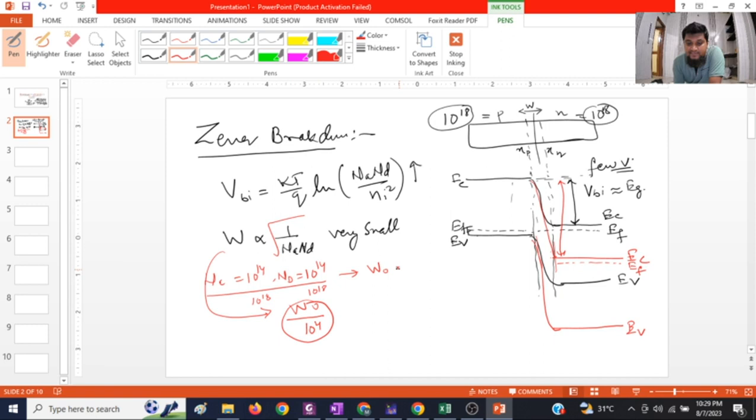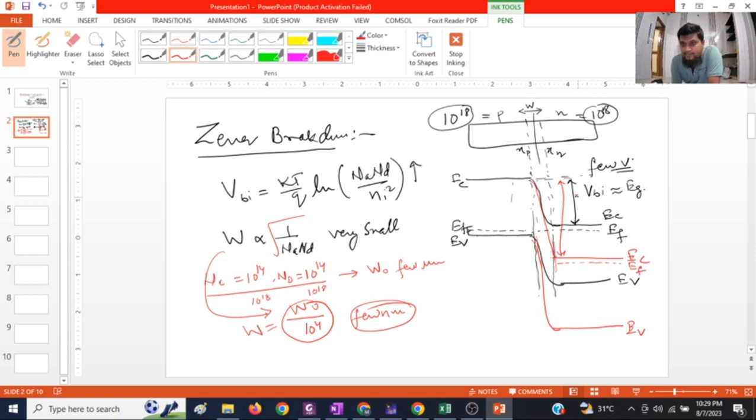If W naught is of the order of a few micrometers, then W will be a few nanometers. Got it? So this W will be very small because of this high doping.